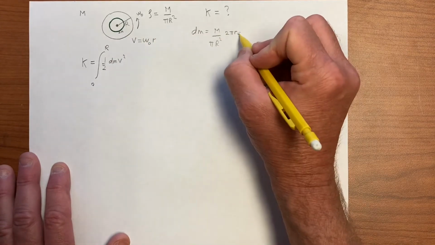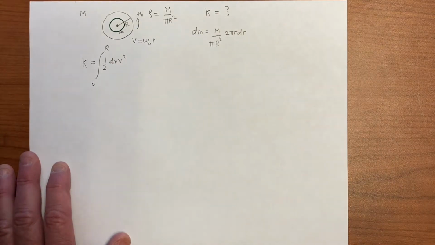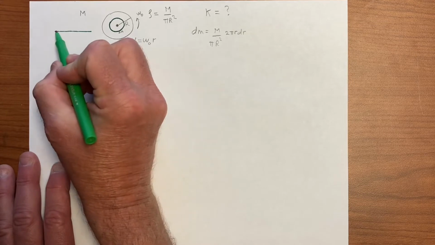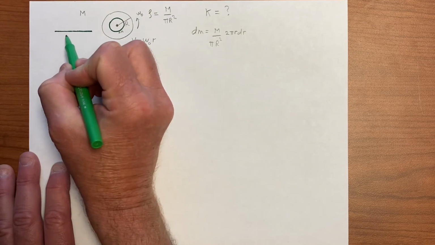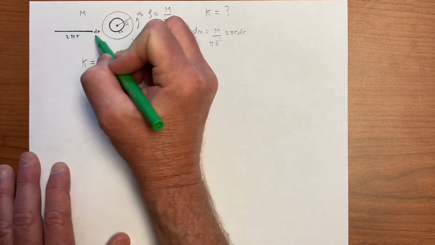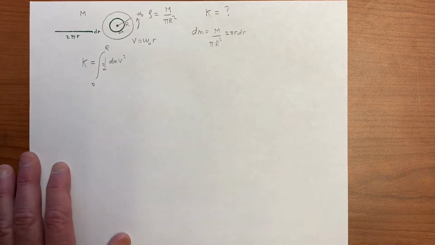So 2 pi r times dr. If we open that green annulus out, we would have a line which has length 2 pi r, and extension dr. So the area of that little ring would be 2 pi r times dr.